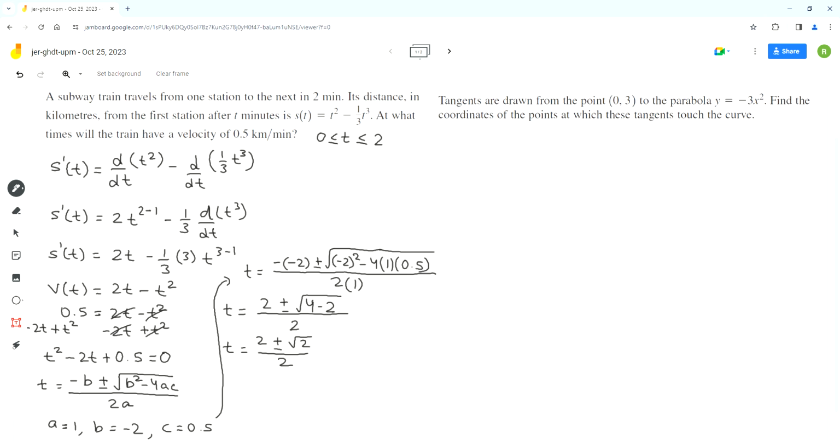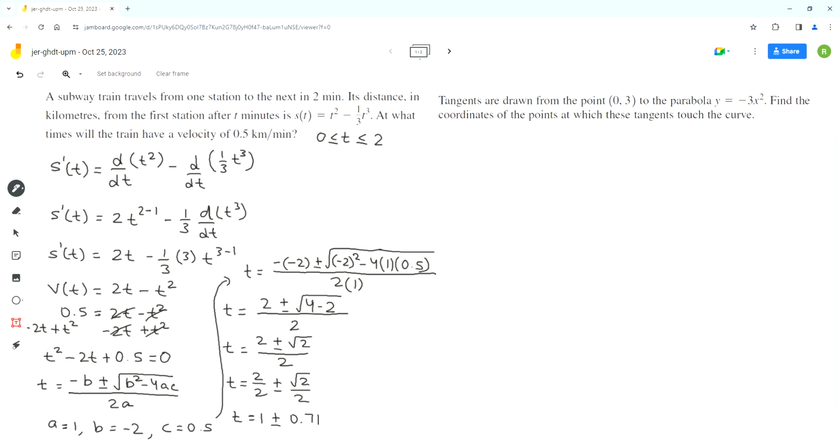Now we can break it up into two fractions. So we get 2 over 2 plus or minus square root 2 over 2, which can be reduced to just 1, and then plus or minus square root of 2 over 2, which is equal to 0.71. So there is a very important step you need to understand and memorize.